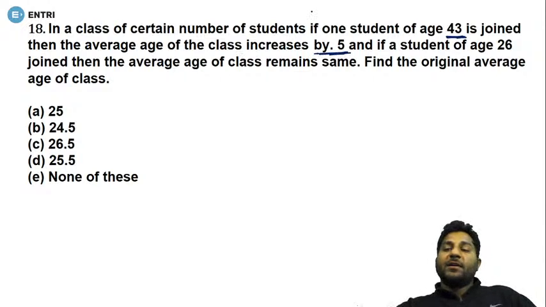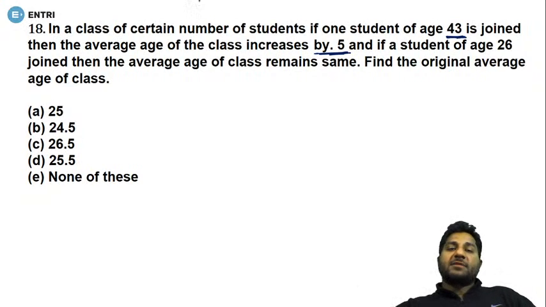And if a student of age 26 joins, the average age of the class remains the same. Now tell me how you are going to attempt this kind of question.